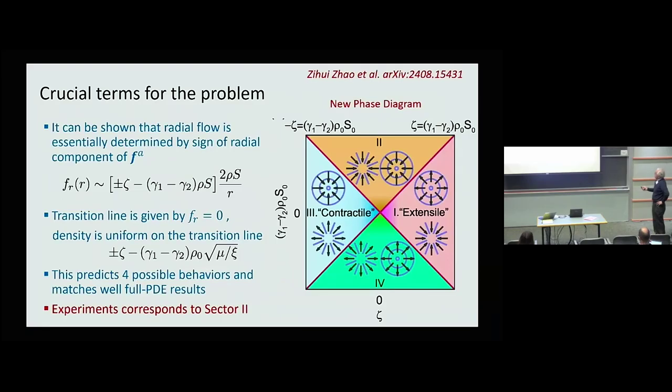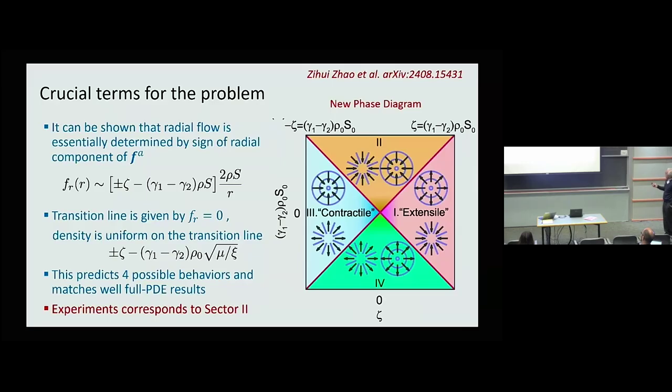So if we assume the axisymmetric case, the linear force can be written like this. Theta is the linear active force term, gamma 1, gamma 2 are the coefficients of the nonlinear force, and there's a density times S, the scalar order parameter.